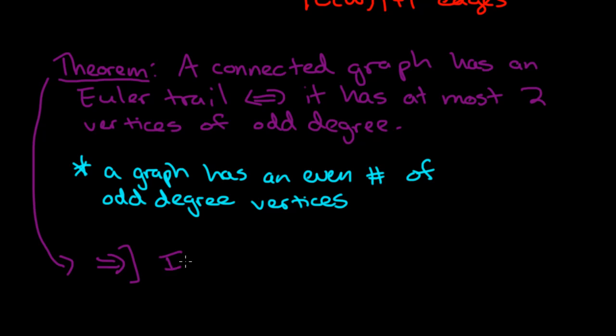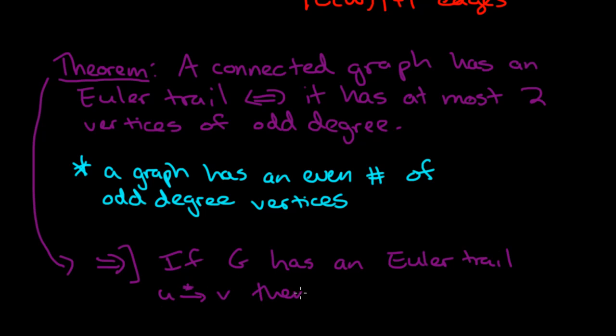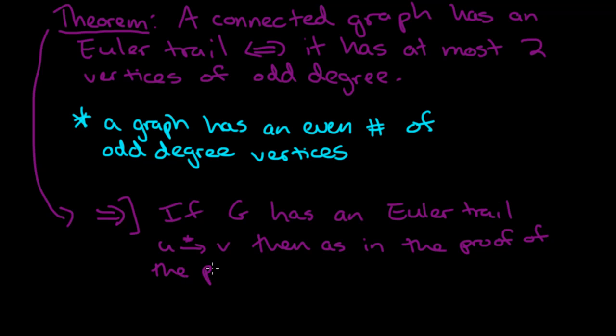We can go ahead and say if G has an Euler trail, then it'll be a trail that uses up all of the edges, and it maybe starts at U and ends at V. Then, as in the proof of the previous theorem, we know that all of the vertices except possibly the end vertices, in fact the end vertices are the problems, so as in this proof, all vertices W that are not one of these end vertices have even degree.